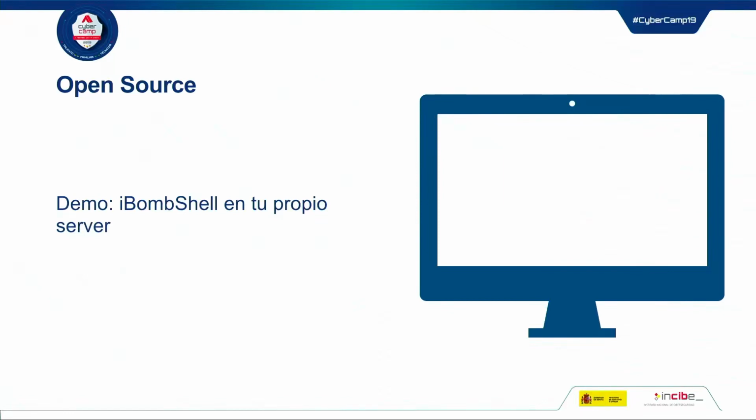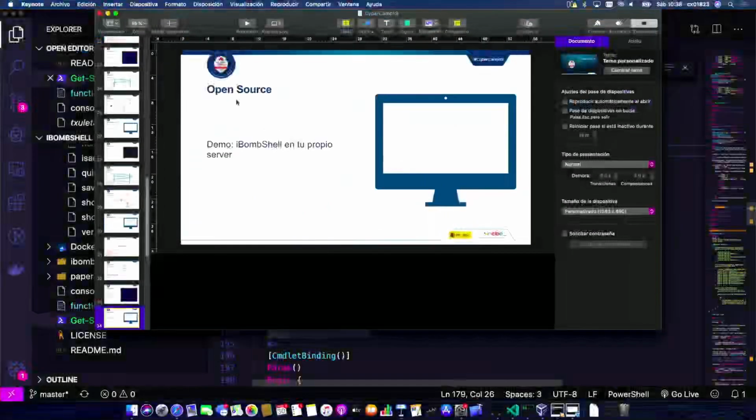Let's imagine we are in an internal network and there are only a few computers within that network, but we do not have GitHub. That's what I'm going to do. I'm going to do my demonstration in order to lift this server, and then we will be able to play with our own server. I'm not going to download it from GitHub as I did in my first demonstration. What I'm going to do is to have it on my own server. If I make some changes, everything will be in my virtual machine.